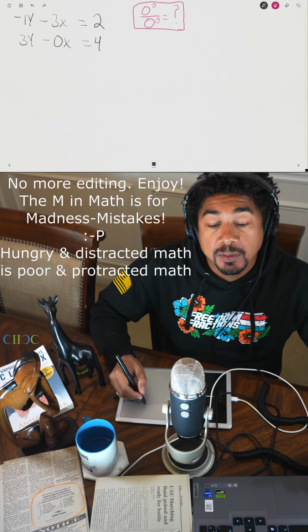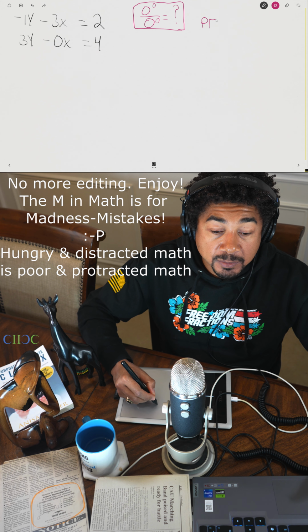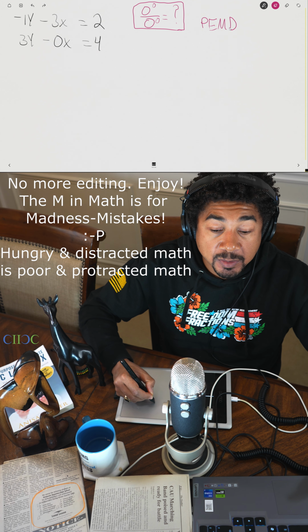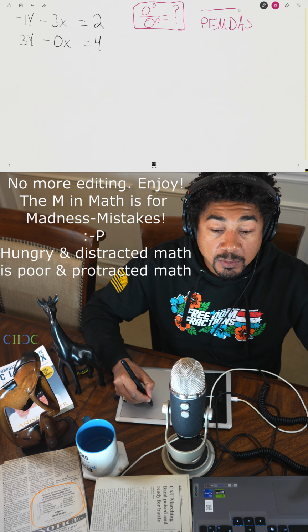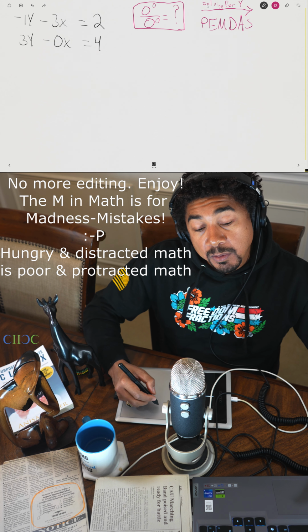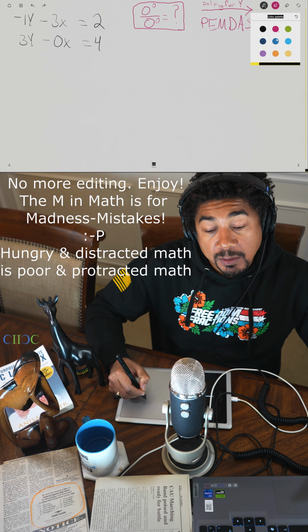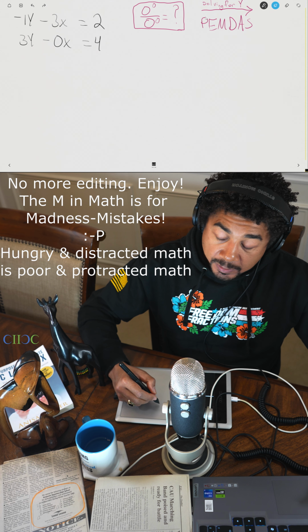Speaking of which, let's go on and talk about this. You are, of course, aware of the PEMDAS. So for instance, if you go this way, you're usually solving for y. Or you are, what is the easiest way?